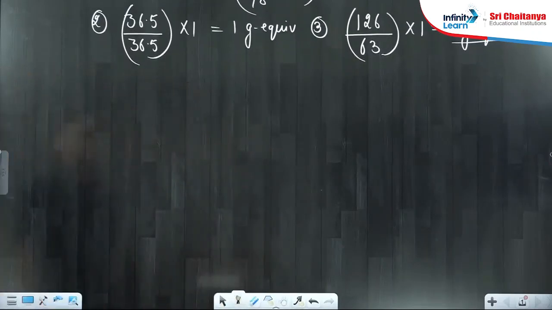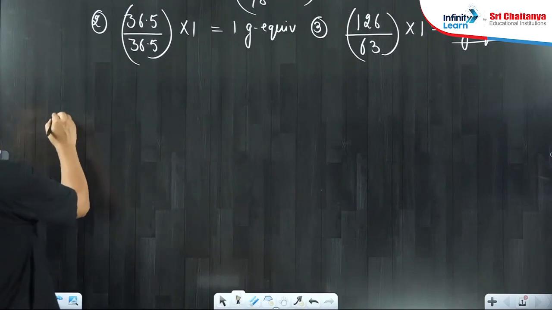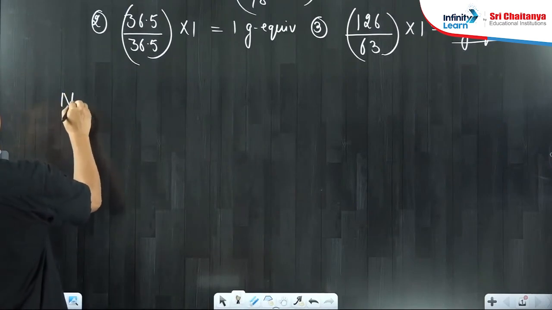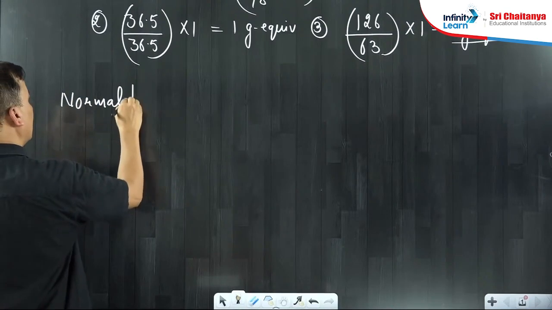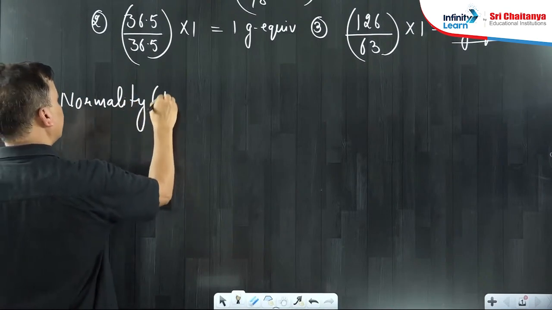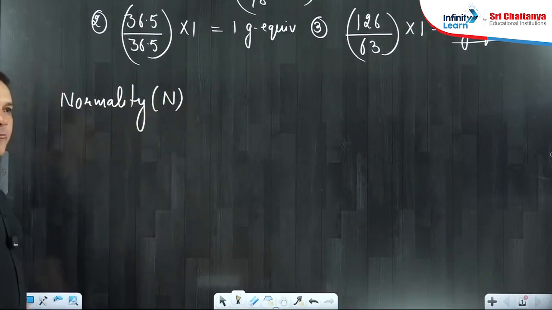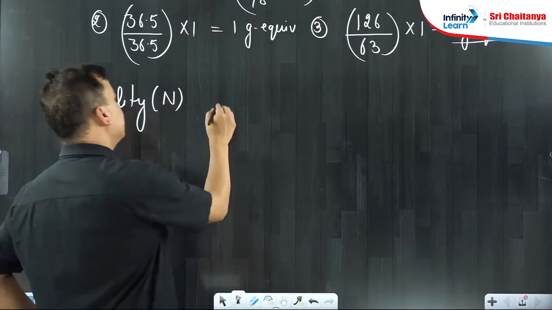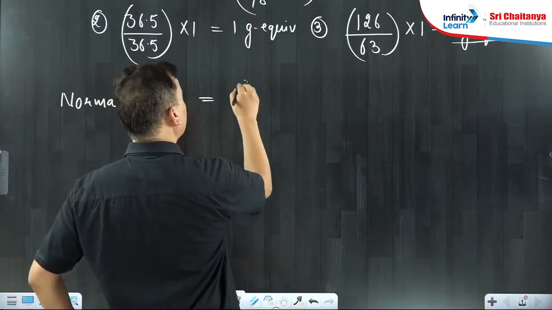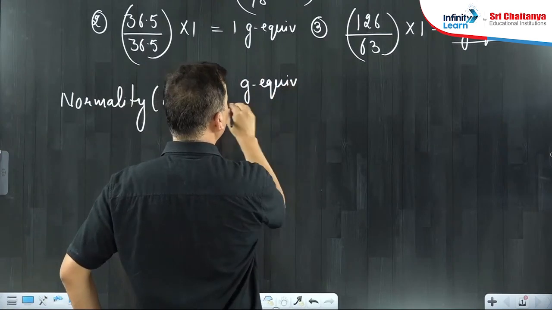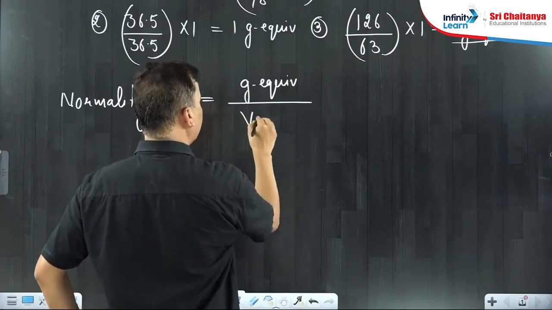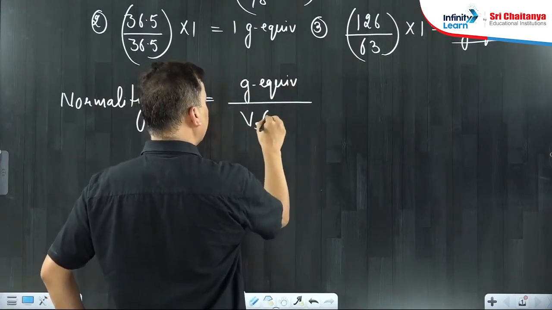So dear friend, now I am coming to the definition of normality. Normality is represented by capital N. It is the number of gram equivalents of solute divided by volume of solution in liters.